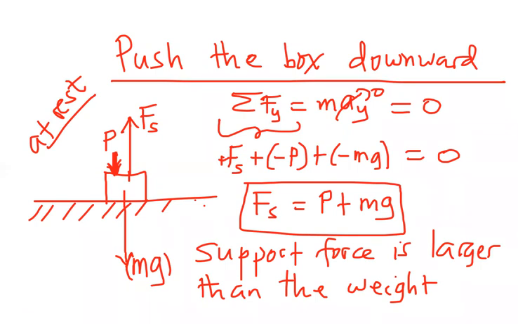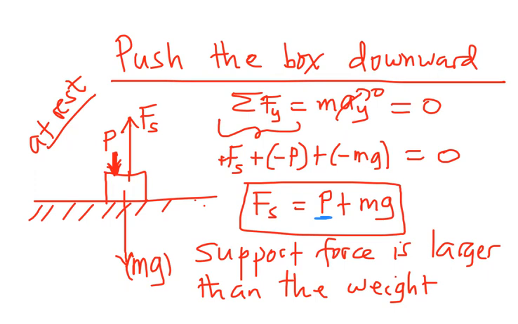Our analysis has indicated that the support force turns out to be larger than the weight because we're adding the P there. The support force is larger than the weight of the box.